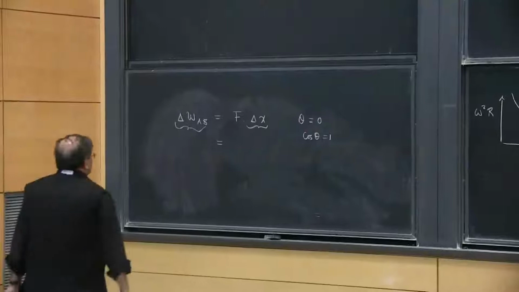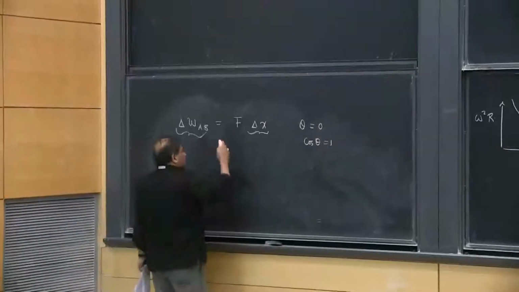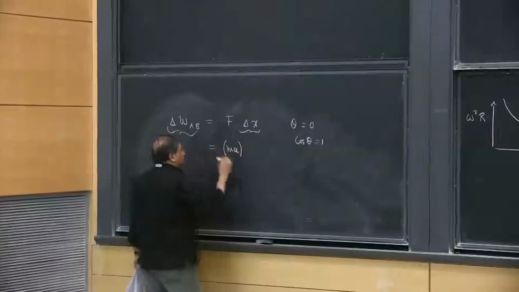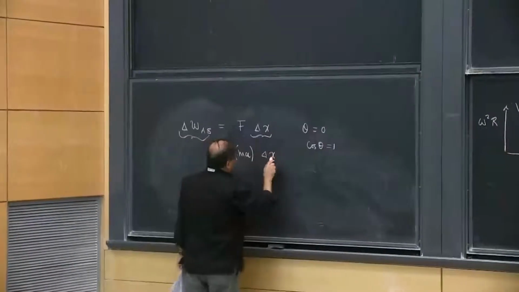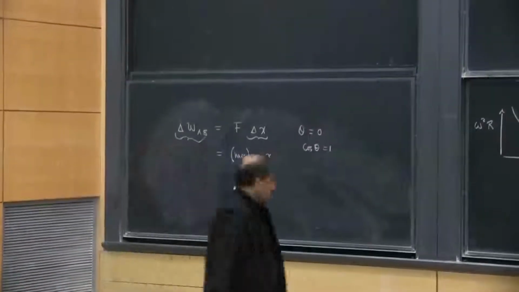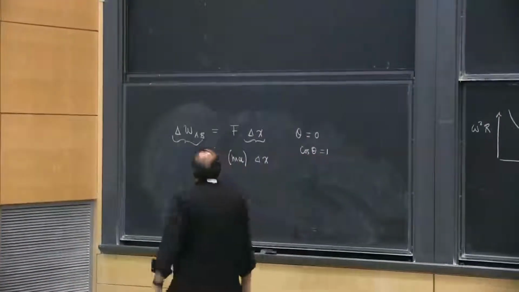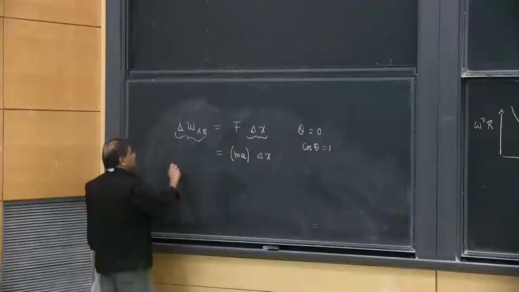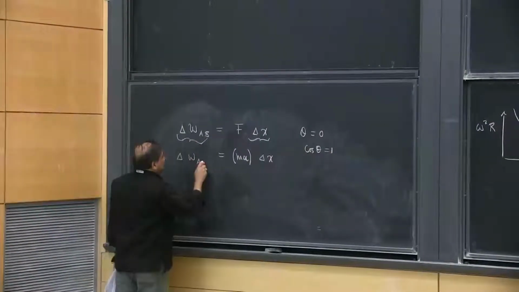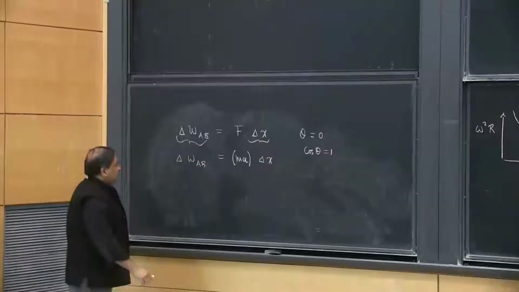Okay, so I can write this force as ma, because Newton's law has told us that force is mass times acceleration. In fact, if there is no mass, there is no force, as far as Newton is concerned. That doesn't mean it's always true, but that is true for our purposes. So I should be able to write delta W_AB is ma times delta x.